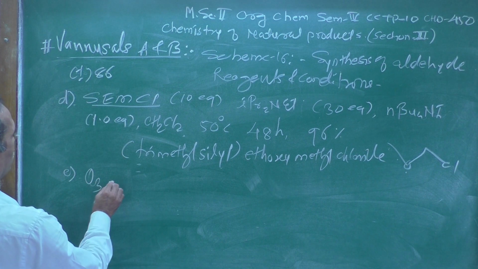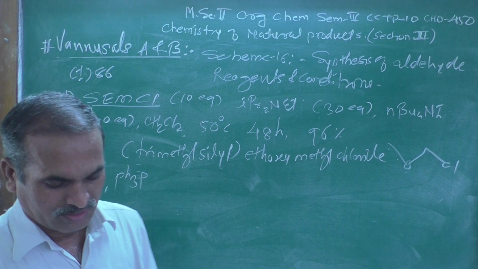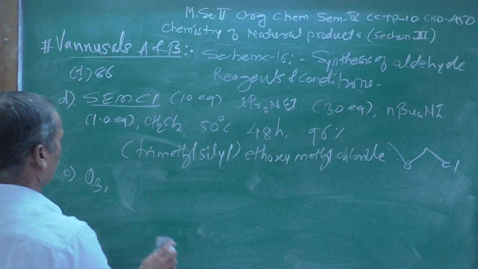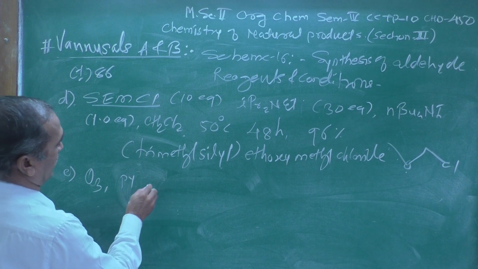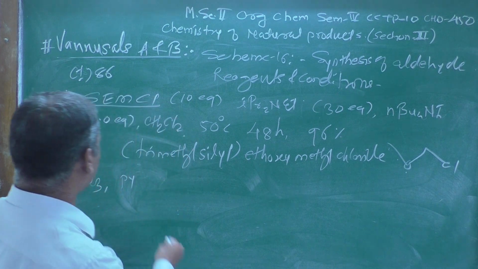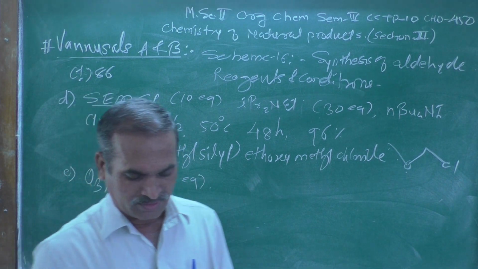So O3, then PPh3, ozone, not P, that is ozone, the O3 molecule, in the presence of pyridine, taken about 1.0 equivalent.